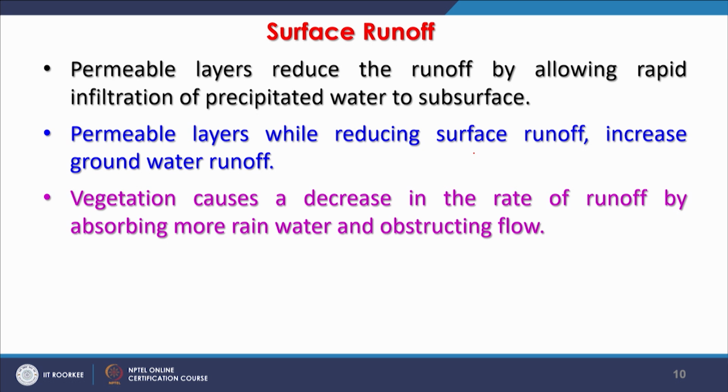And vegetation causes a decrease in the rate of runoff by absorbing more rainwater and obstructing flow. Vegetation plays a double role here, in the sense that when the raindrop comes from the sky, first it is intercepted by the leaves, which reduces the speed or velocity of the raindrop, and then it falls, might be 1 second or 10 seconds later, and it is not falling from a big height.